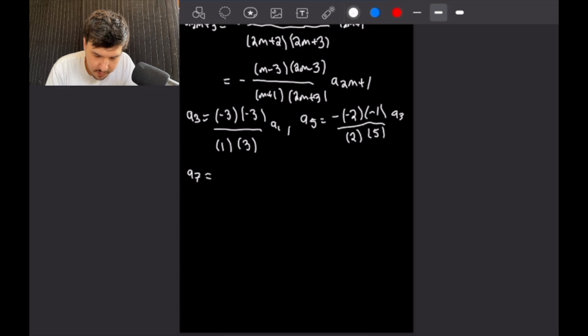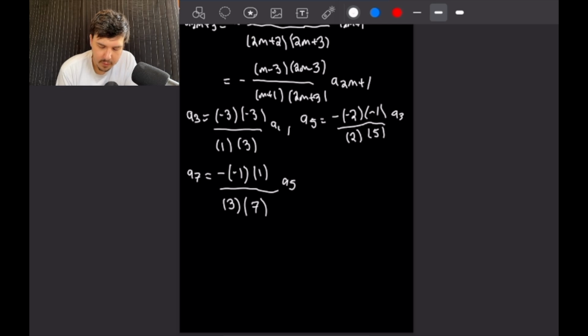In our numerator, we will have a negative, and for our first term, we will have 2 minus 3, which is a negative 1. For our second term, we will have 4 minus 3, which is just a 1. That will all be over our denominator, which is 2 plus 1, which is 3, times 2 times 2, which is 4, plus 3, which is a 7. That'll be times a sub 5.